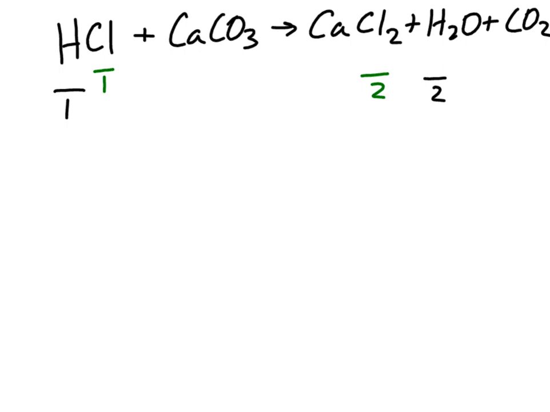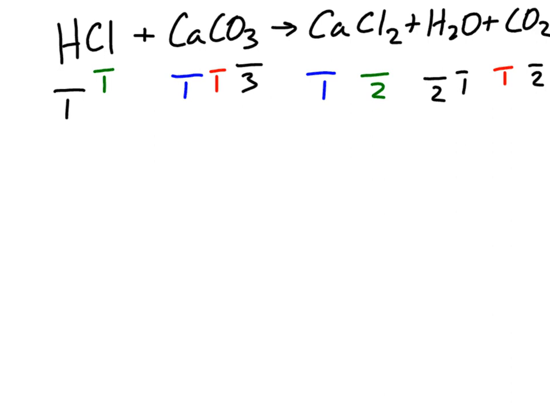And then my calcium, I'm going to have 1 calcium on this side, 1 calcium on this side, and my carbons, 1 carbon on this side and 1 carbon on that side. So my carbons are already balanced. That's nice. And then I have 3 oxygens here, and I have 1 oxygen there and 2 oxygens there for a grand total of 3.